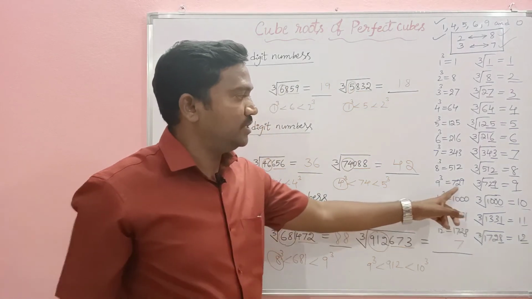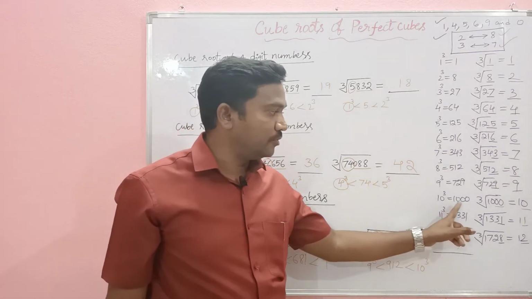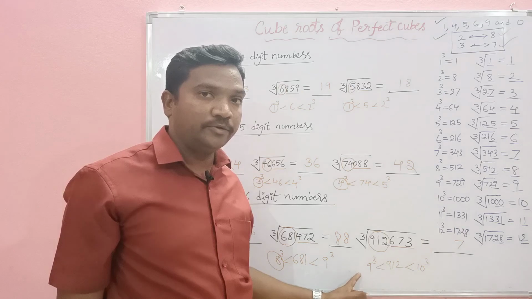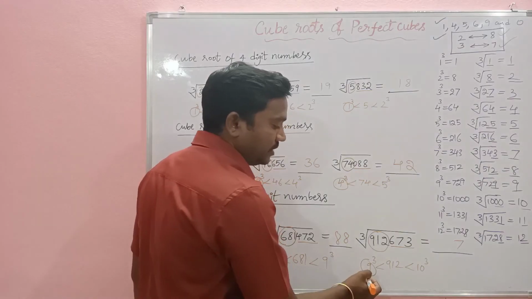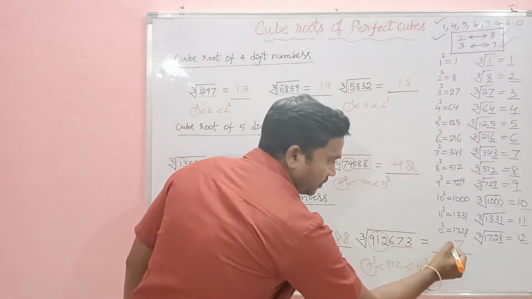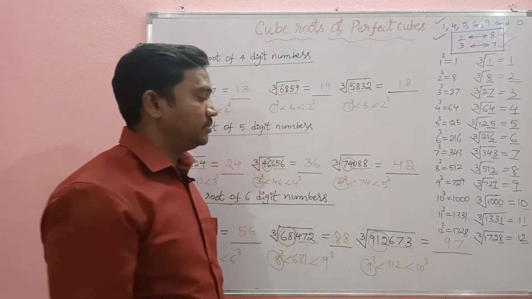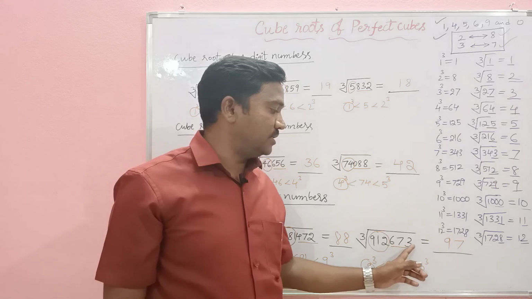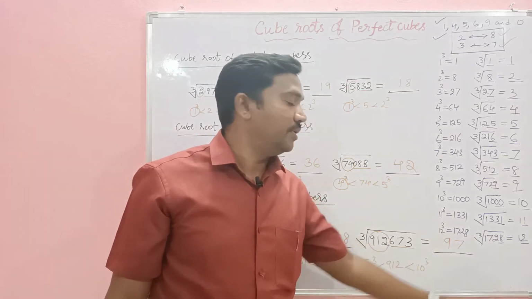See here, 9 cube is 729, 10 cube is 1000. So 912 lies between 9 cube and 10 cube. So we have to take the smallest number in tens place. So cube root of 912,673 is equal to 97.